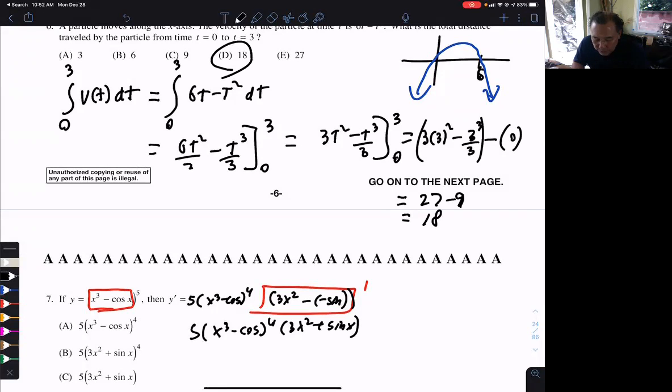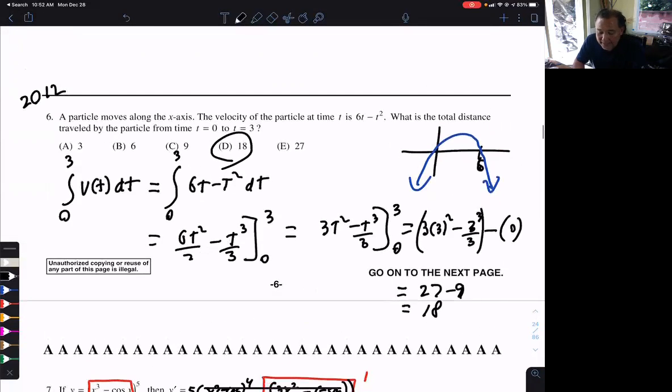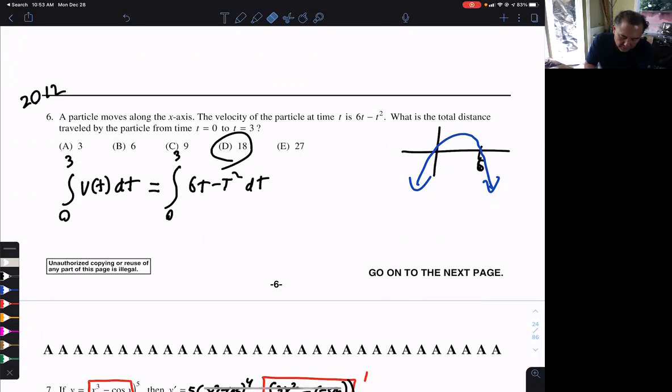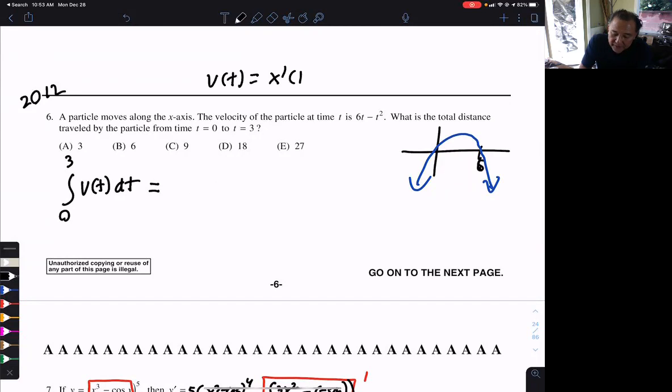So let me clarify a little bit about total distance and displacement and why this works. So let me show you what's going on. Velocity is the derivative of the position function. So in essence, this is this.